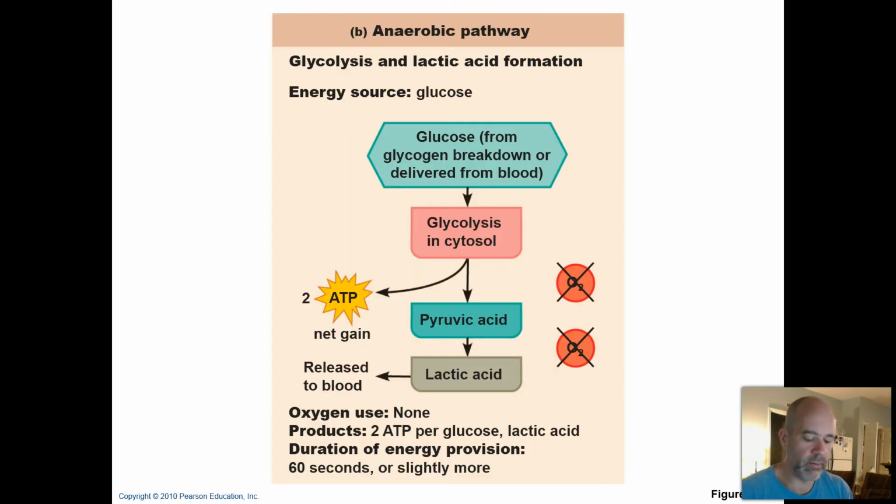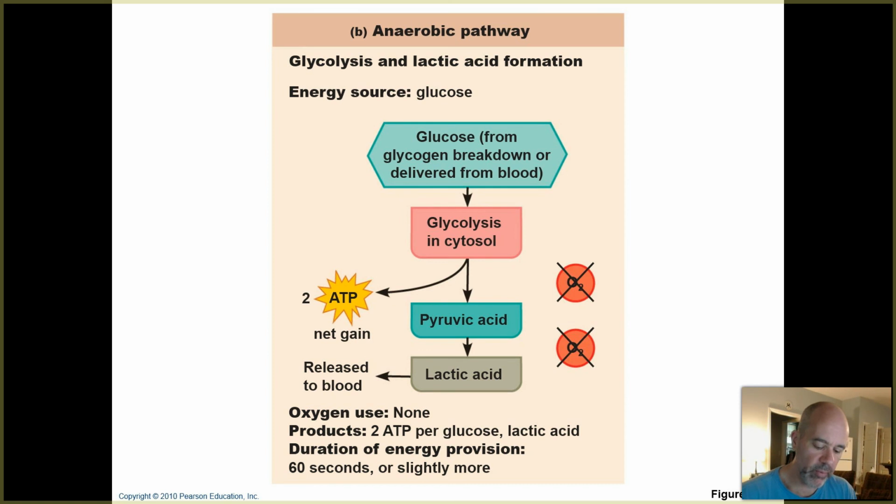All right, so here's a little diagram of the anaerobic pathway. If a skeletal muscle is doing the anaerobic pathway, glucose, which is coming from either breaking down glycogen you have stored in the muscle, or glucose that was delivered from the blood before the blood vessels got all compressed.